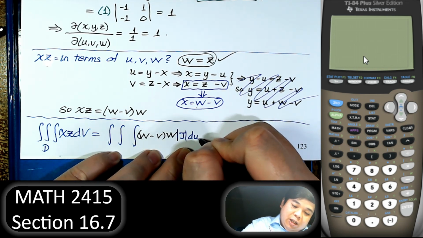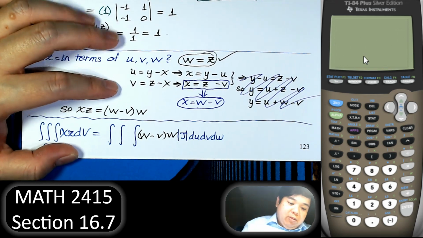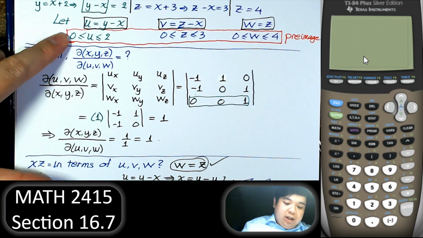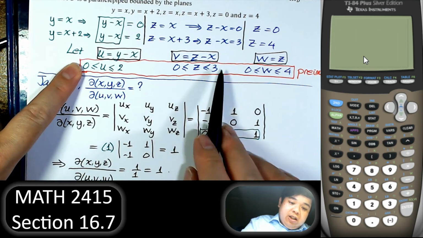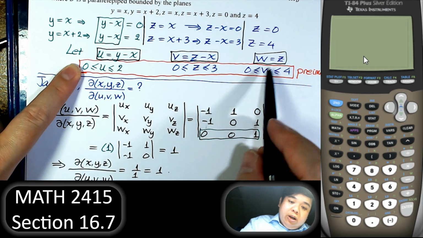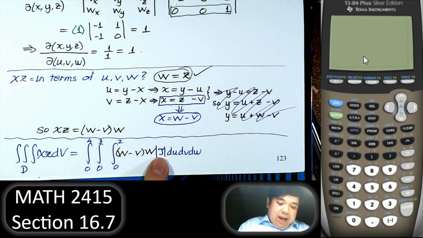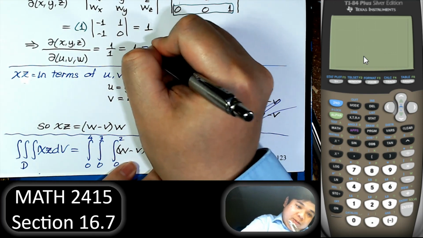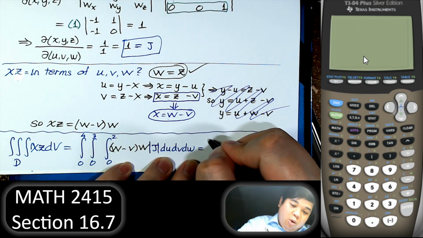And then the limits of u, v, w. The limits should be easy to determine, right? For u, from 0 to 2, v 0 to 3, and w 0 to 4, and the Jacobian is equal to 1. Absolute value is 1, still 1.